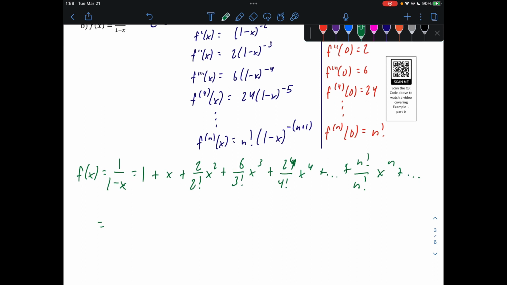In other words, 1 x to the n, starting at n equals 0 and going to infinity.